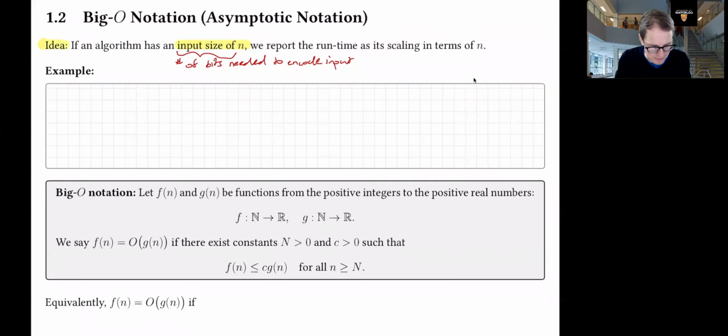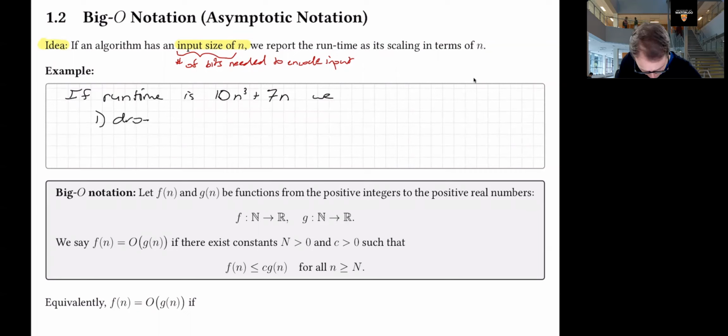So to give an example, let's say the runtime is 10n cubed plus 7n. One, we drop the constants.